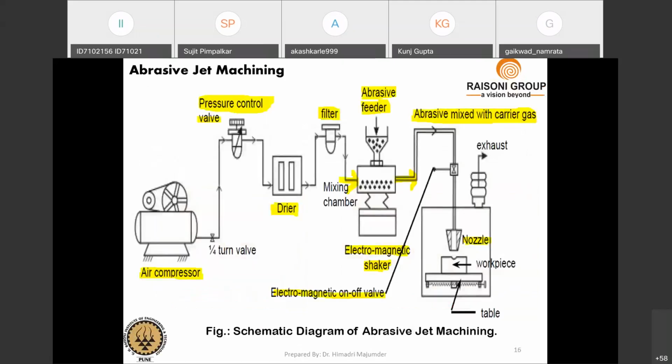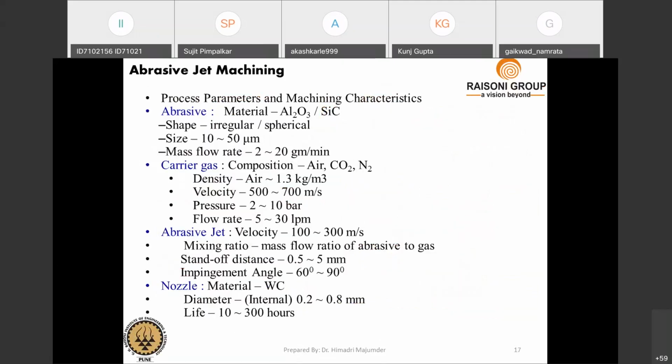Now, what are the different process parameters for abrasive jet machining? The first important thing is the abrasive. For the abrasive, we can use very hard materials like aluminum oxide and silicon carbide. The shape may be irregular or spherical abrasive grit.